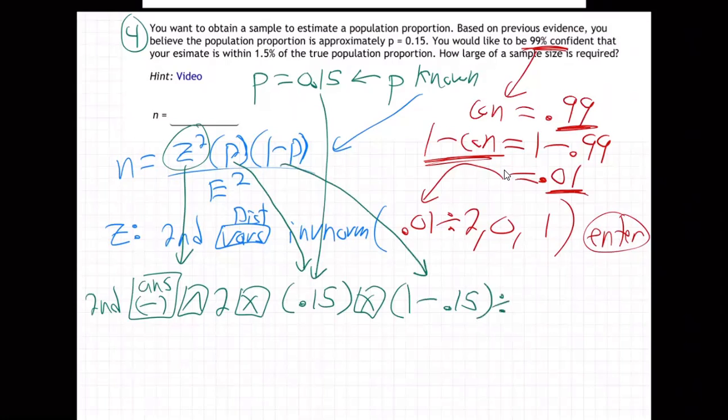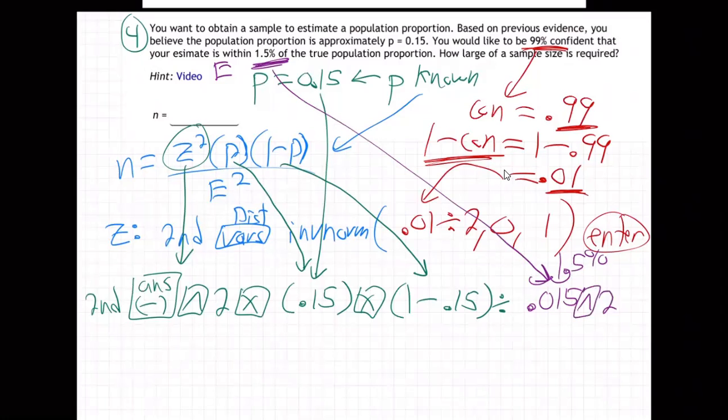Divided by, and then you got to take the E. What's the E? The E is this right here. So that's going to be 0.015 because you got to move the decimal back 2 places, right? So 1.5% goes back 2 places, to the second power because it's E squared.